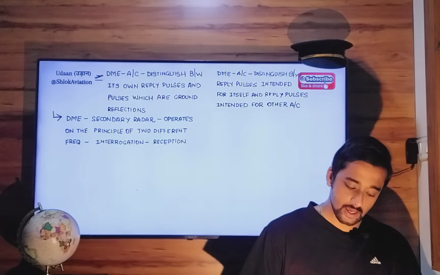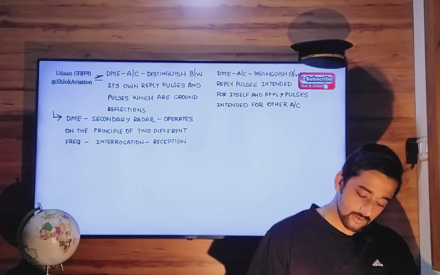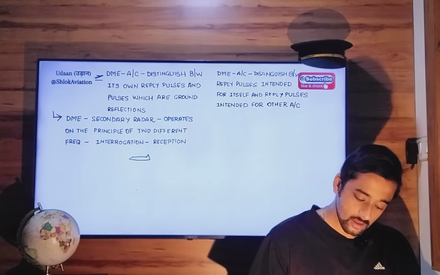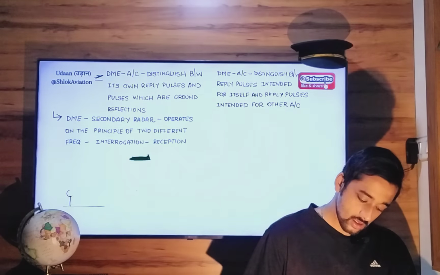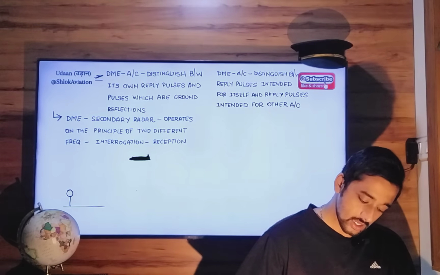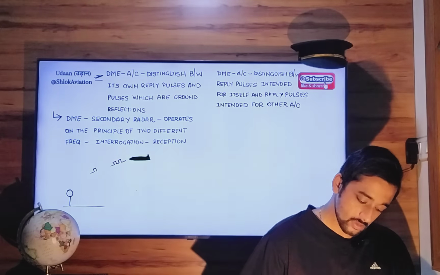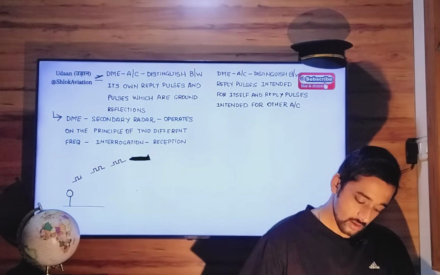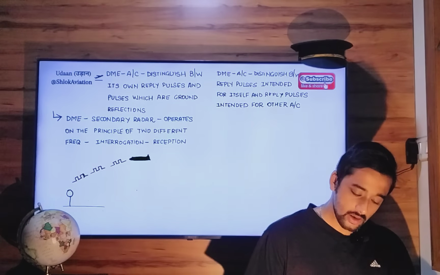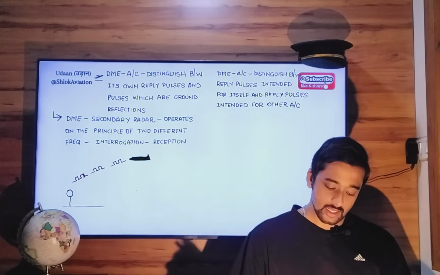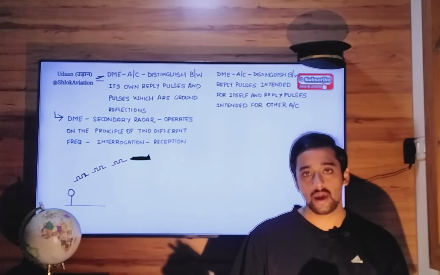So in case of DME, let's say there is this aircraft in the atmosphere. This aircraft will transmit radio pulses in all directions, omnidirectionally, and these radio pulses will be received by the ground DME station.